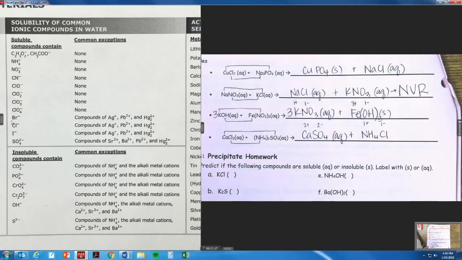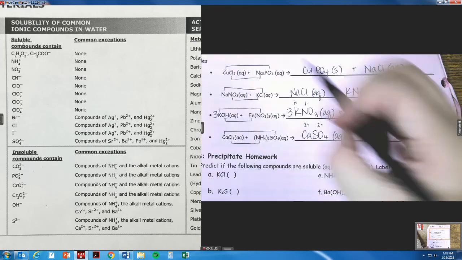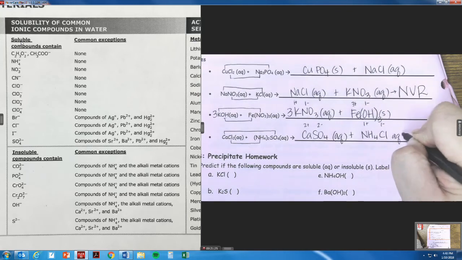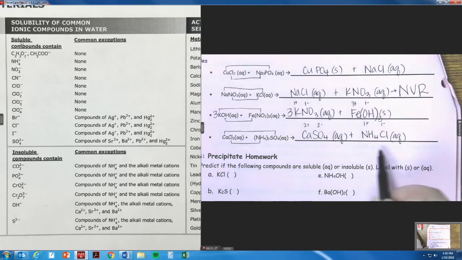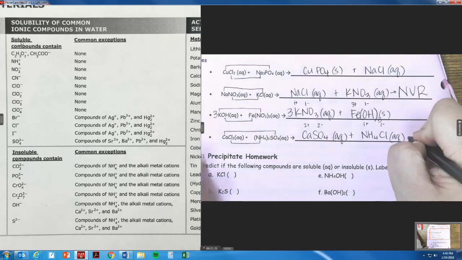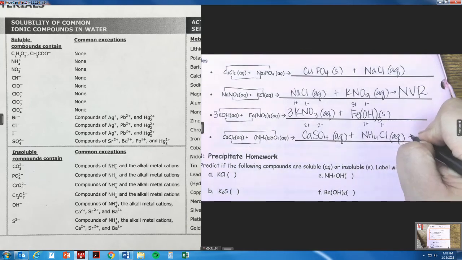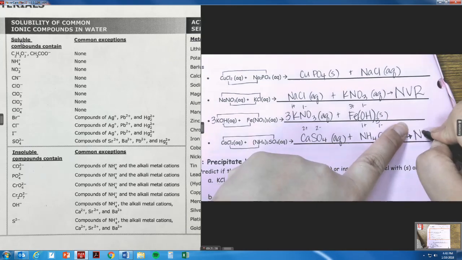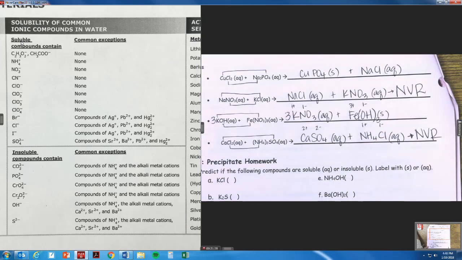So chlorine, is ammonium one of the exceptions? No. So that means chlorine is going to stay soluble as well. Because we have two aqueous compounds as our products, then that would mean no precipitate was formed, which would mean that no visible reaction was formed either.